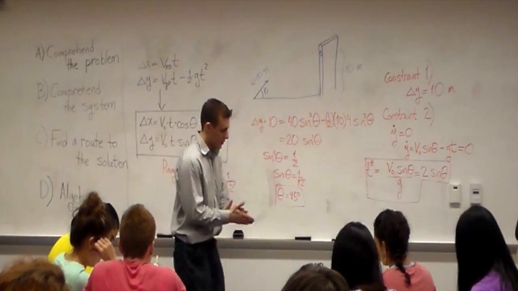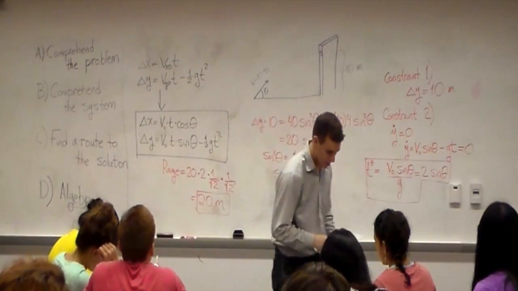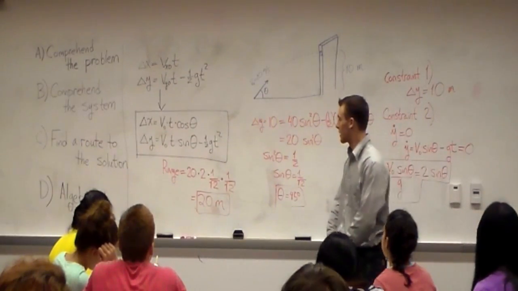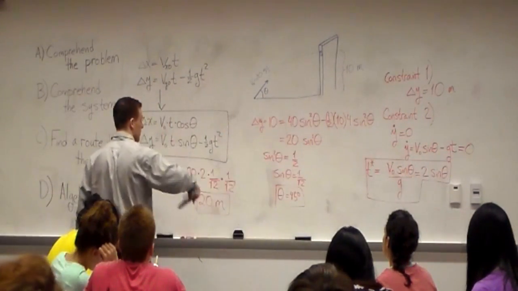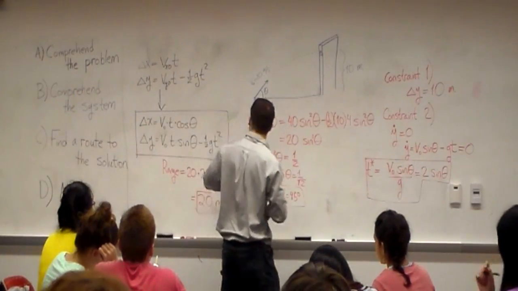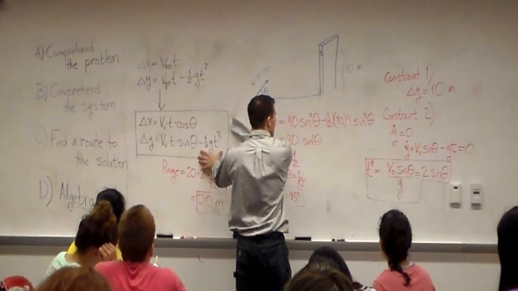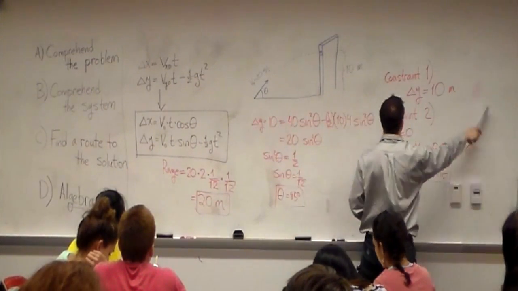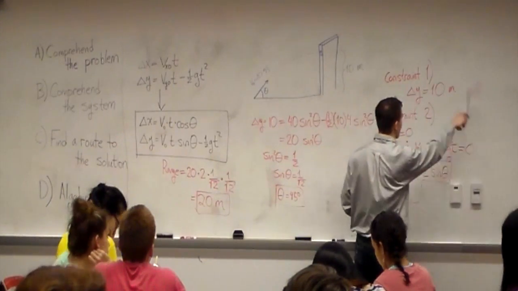Okay. So that's our mildly involved, but still relevant, I think, projectile motion example. Again, let me go back through that and cast it in this framework. So comprehend the problem: projectile motion governed by these equations, but also having these constraints. This is the most important part, quantifying this.